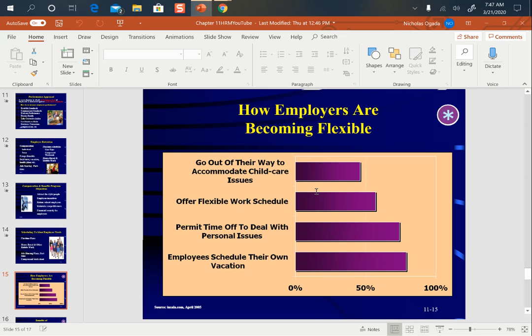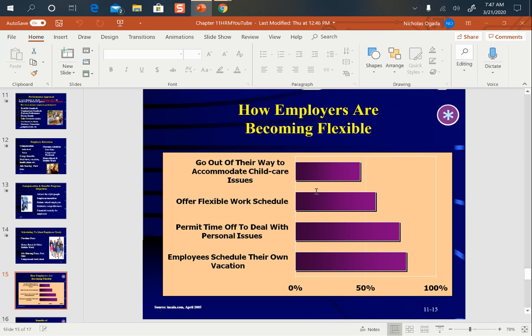And what this chart is basically showing you is that the most prevalent one is employees scheduling their own vacation. Employees like it. And then, of course, permitting time off to deal with personal issues. There are so many ways that these organizations are trying to make this more flexible for employees.